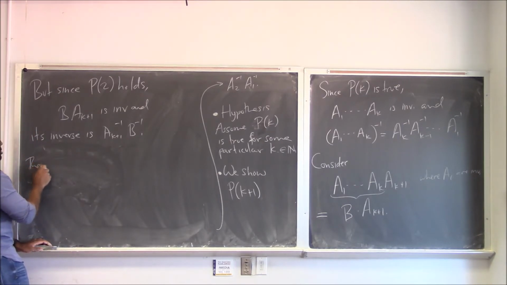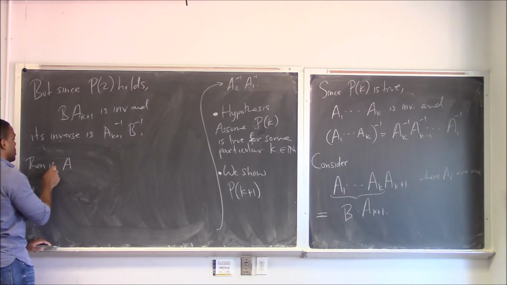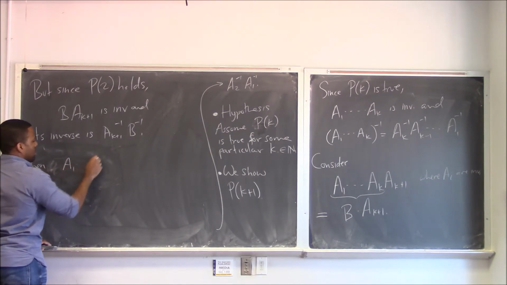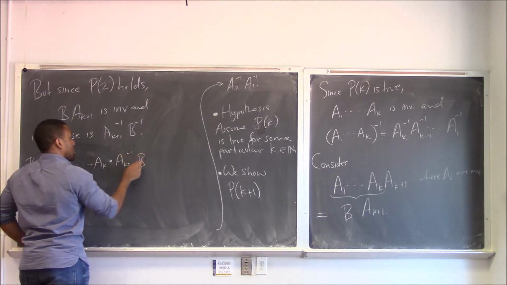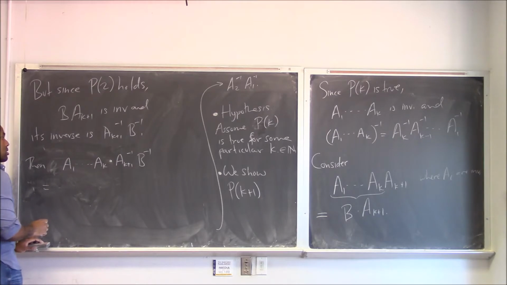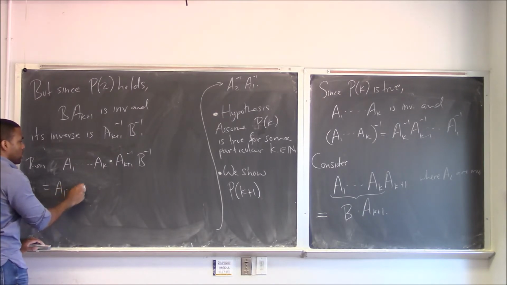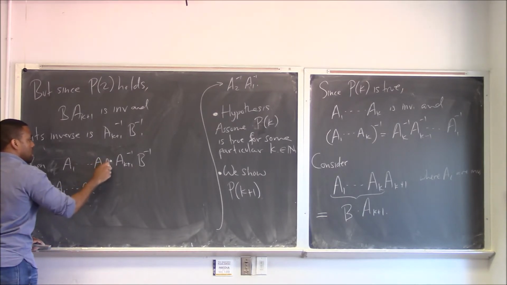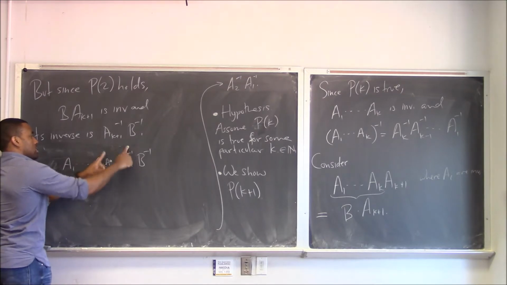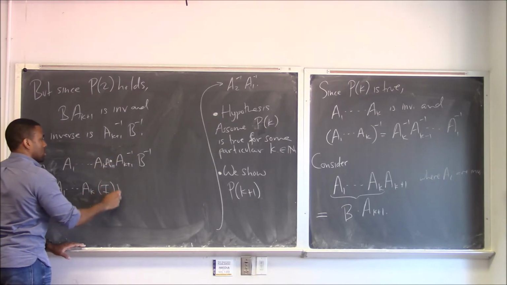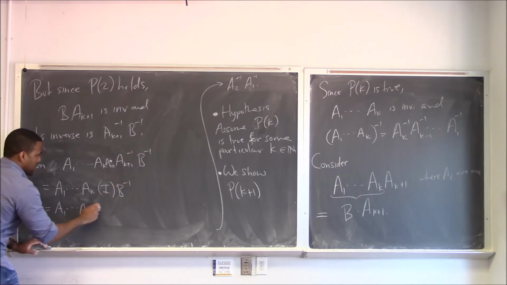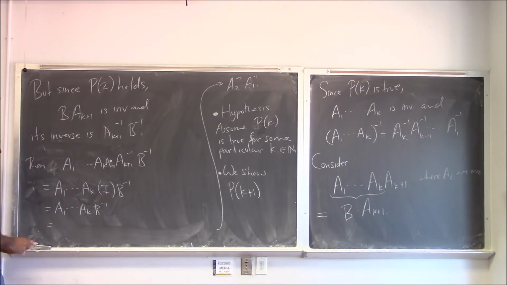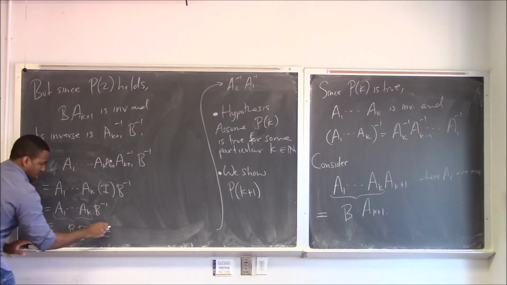Then if I multiply this guy by this guy, we would get A_1 through A_{k+1}. These guys here will give me the identity. So I'll end up with A_k times B inverse, but A_k is B, and so I end up with the identity there.